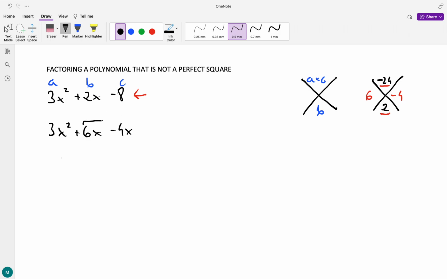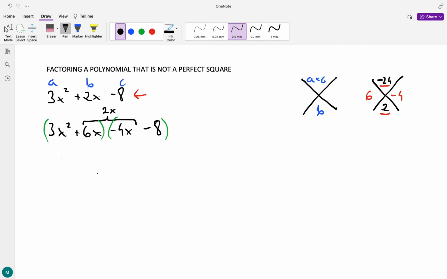This whole thing is equal to 2x, so we do not change the value of the expression. And then obviously we copy c. And now we're going to do something that's called grouping. So I'm going to put imaginary parentheses around these two.